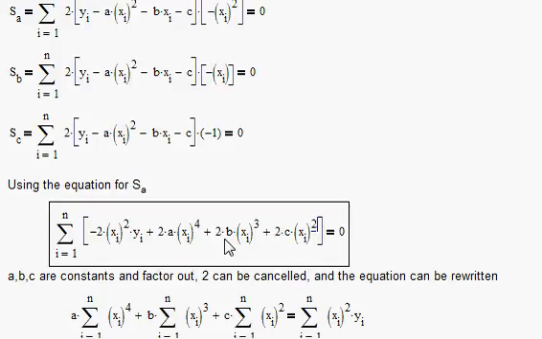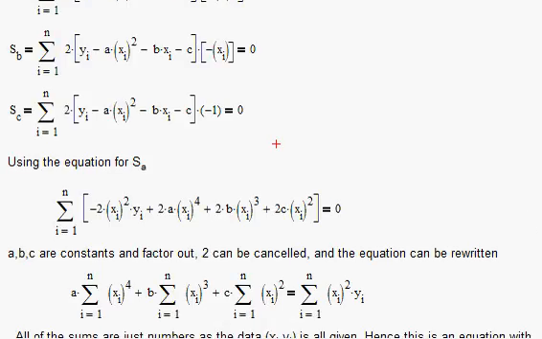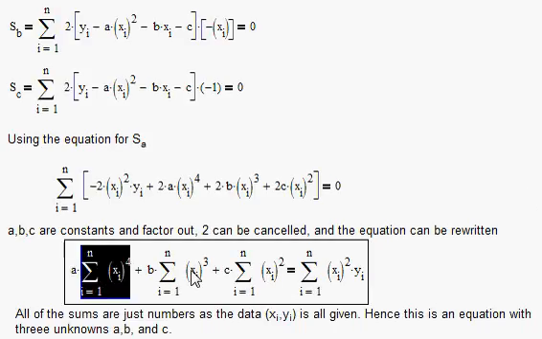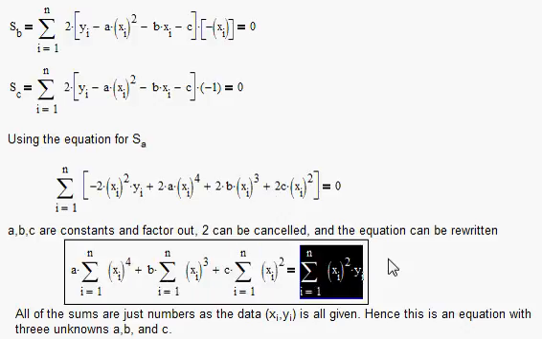And these sums of the x i squared, the x i's cubed, the x i's to the fourth, and the y i, they're all numbers we can get from our data set. So then a times this plus b times this plus c times this equals this number times y.